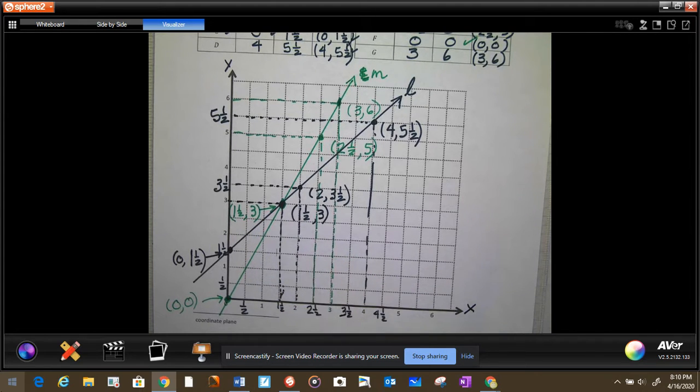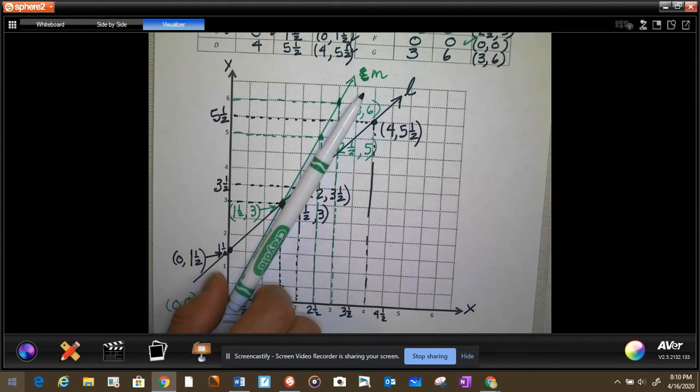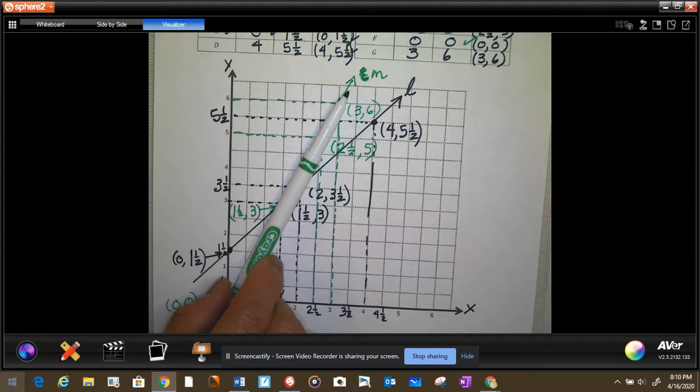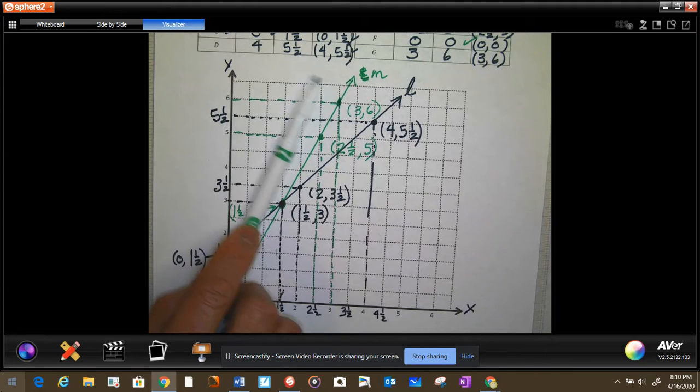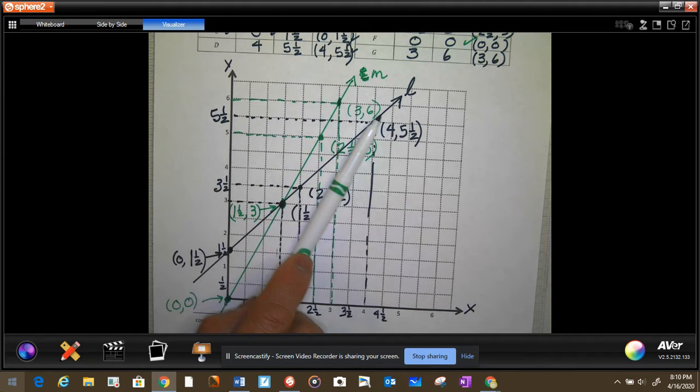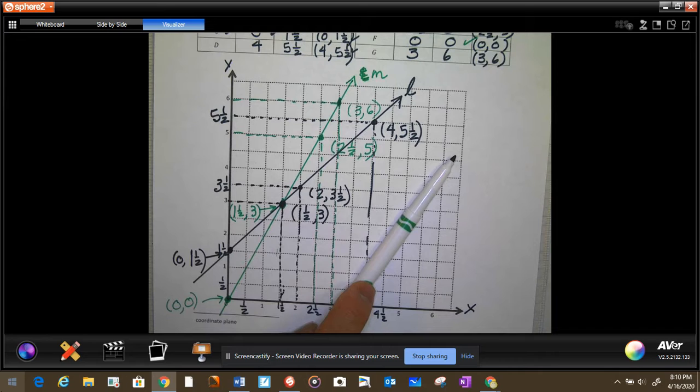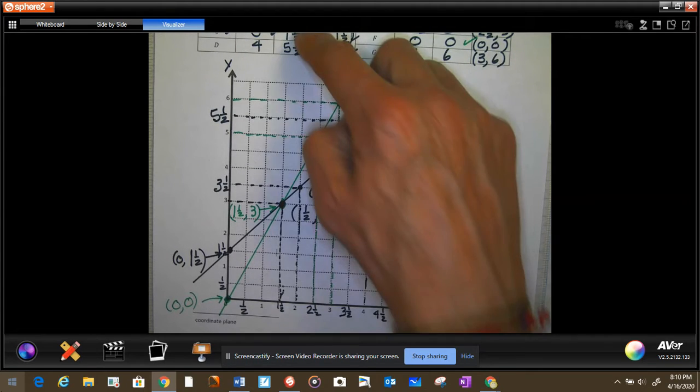That's where they intersect. And then what else can we observe? Line M will continue to move to the left if we continue to increase y, and it will move to the right if we decrease y. Remember we talked about those effects of y being larger or smaller.